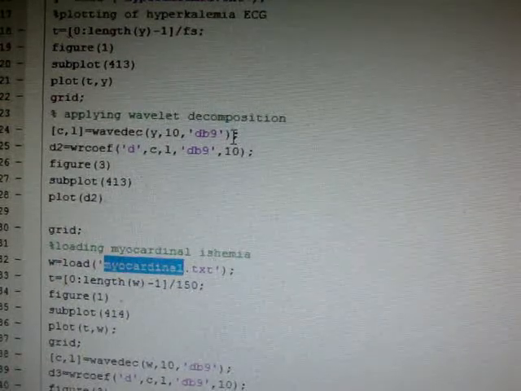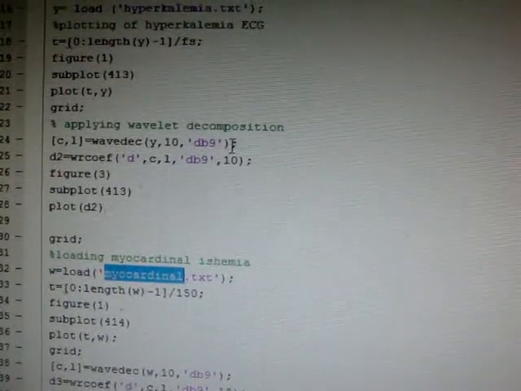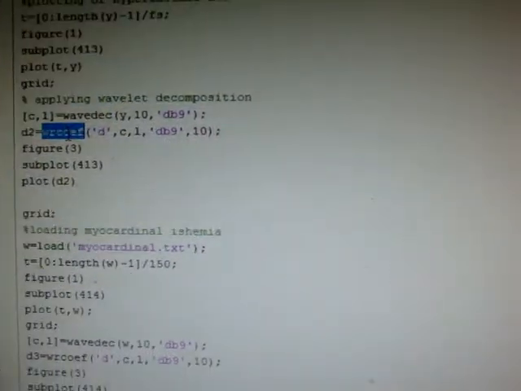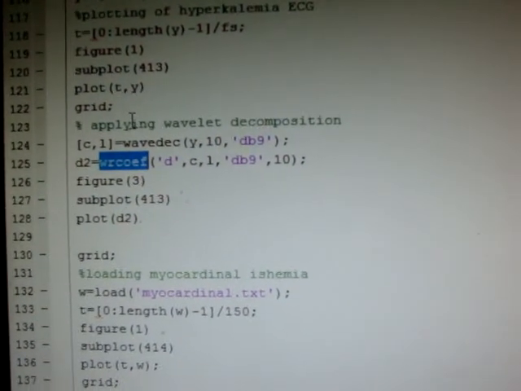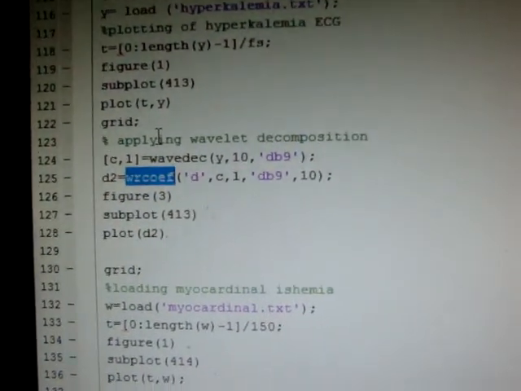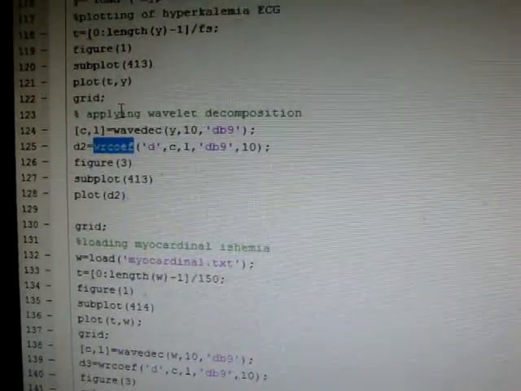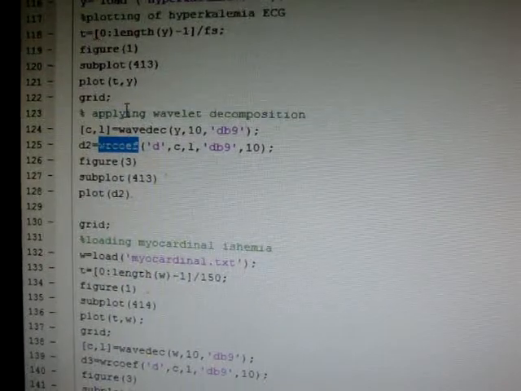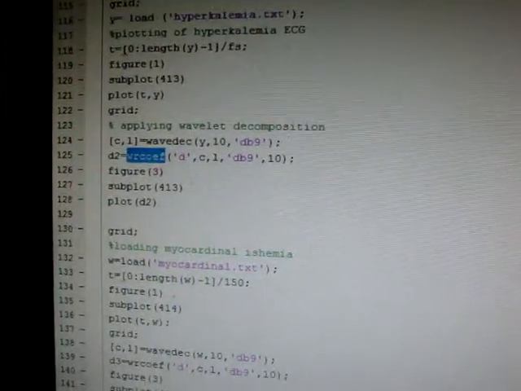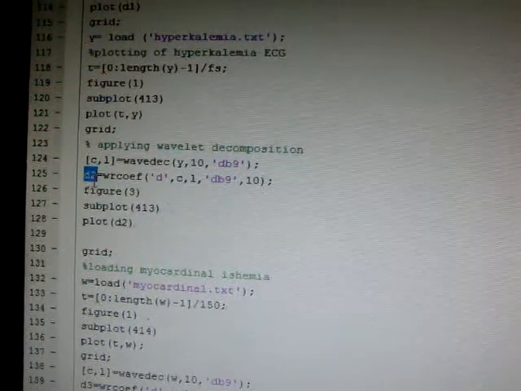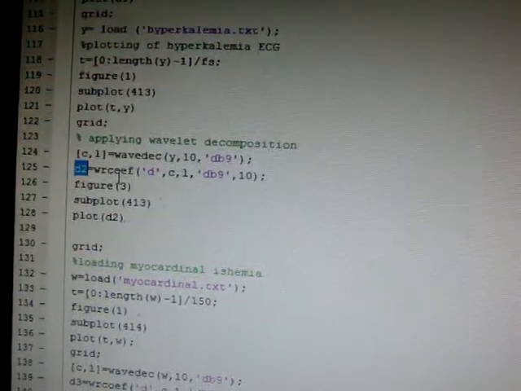As we take these four different ECGs, we compare them with respect to wavelets using the codes WaveDec and WRCOEF. WaveDec does the one-dimensional decomposition of the ECG, whereas WRCOEF makes the one-dimensional reconstruction of the decomposed ECG. After calculating the WRCOEF of the WaveDec, we then plot the resultant output, for example D2 with respect to wavelets.